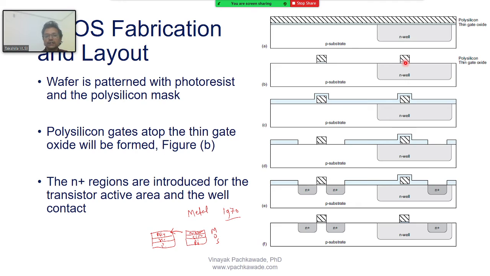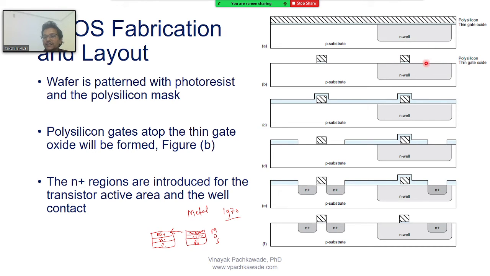Again, what we did is that we patterned this wafer with the photoresist and the polysilicon mask. The mask was placed at the places where we don't want polysilicon. Right here, and right here. We want polysilicon here, right?